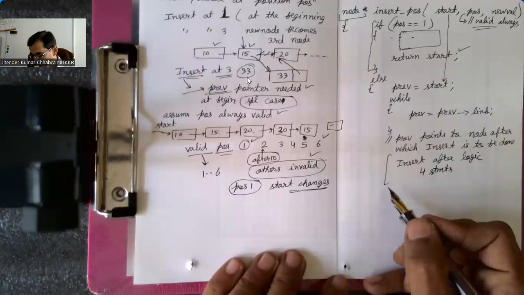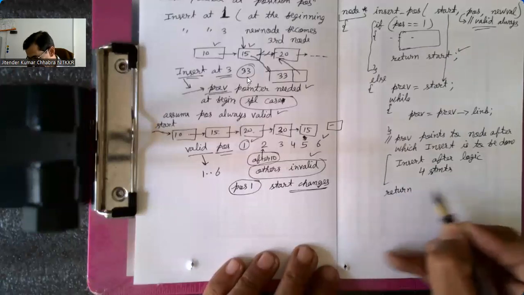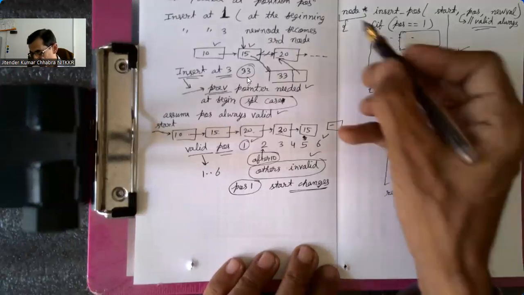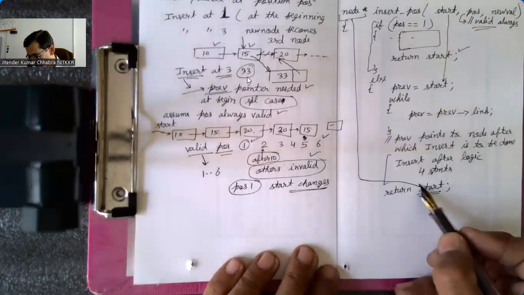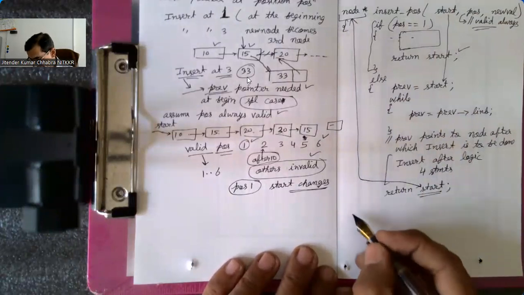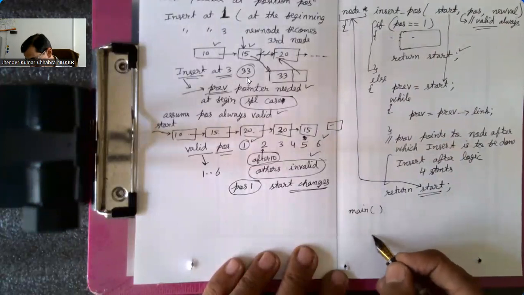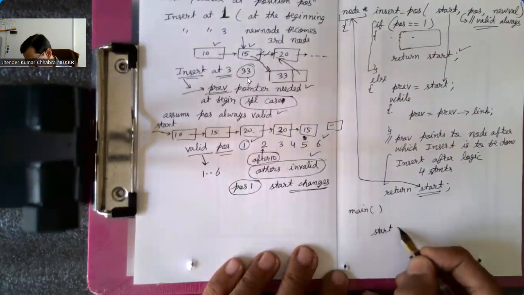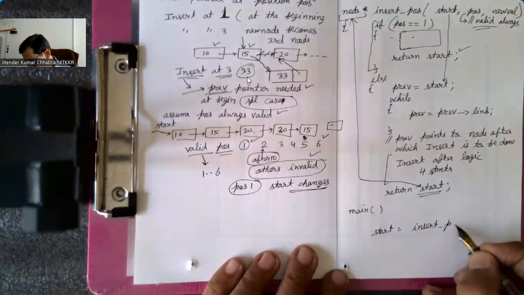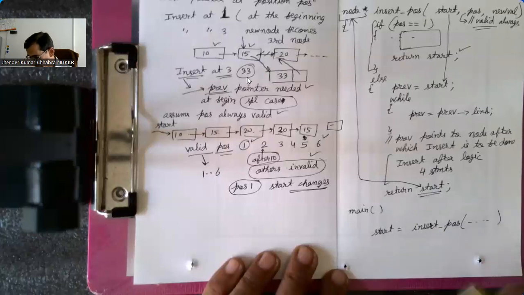But in that case also, don't forget to return the start. Even if it has not changed, this start return is a must because my return type has been specified. So even if it is unchanged, this must be returned because in main, your call is going to come as this call, start equal to insert at some position and whatever is being supplied.